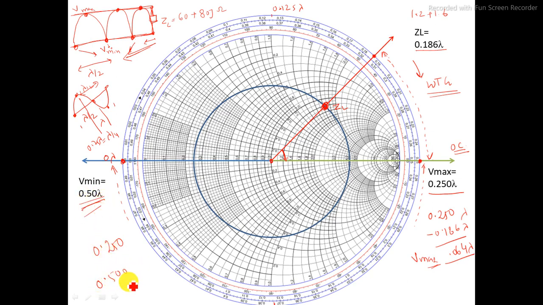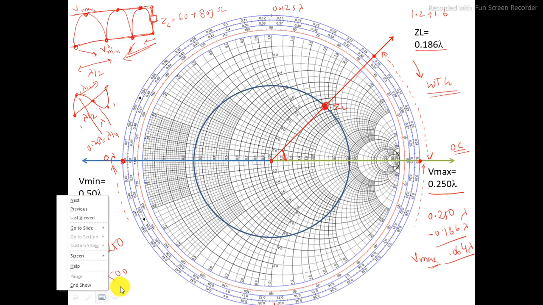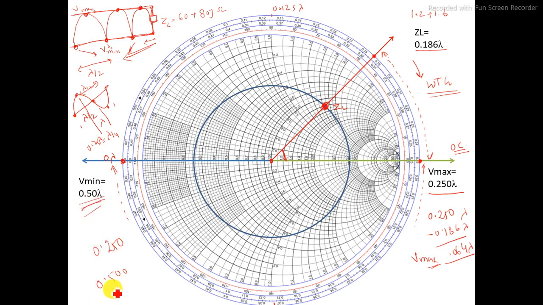How? Because this point is 0.50 and 0.250 is this point, so this one minus this one gives you the distance between V maxima and V minima. Consequently, you add 0.25 to the V maxima value to get the V minima.